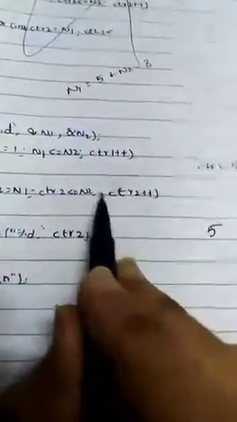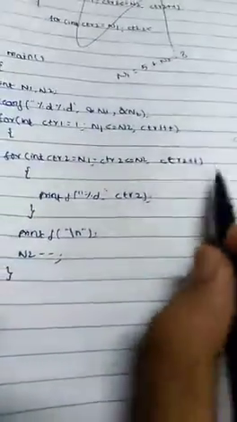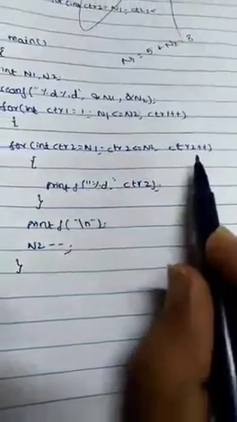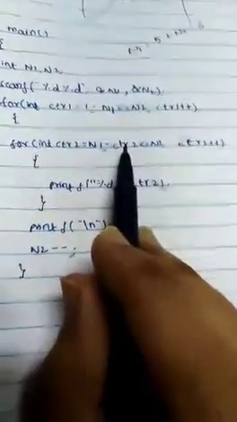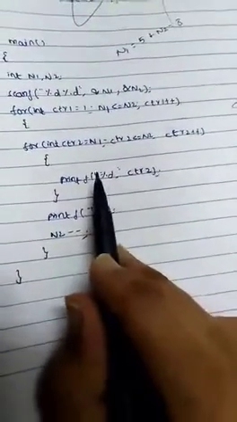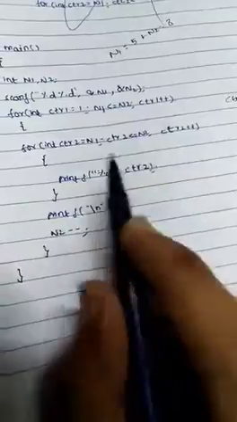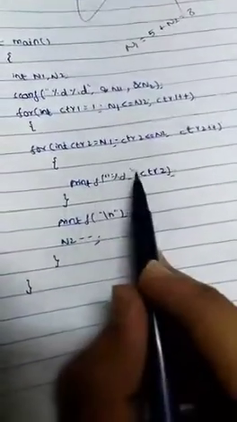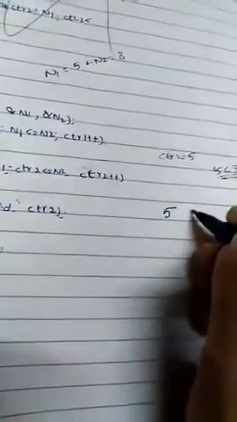And then what happens? ctr2 value gets increased. It was 5, now it becomes 6. Now it checks this condition. So 6 is less than or equal to 8. Again it's true. It doesn't come out of this loop, sorry. And then it prints 6.